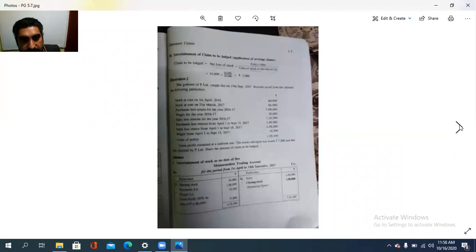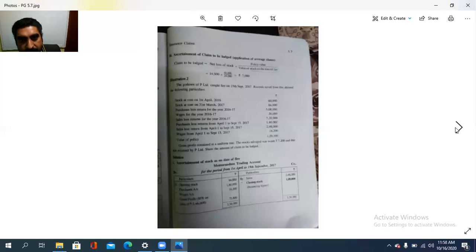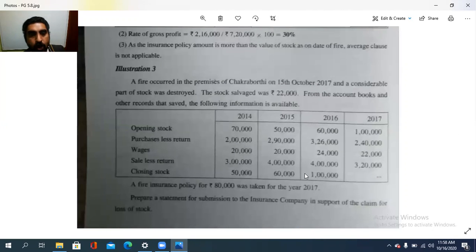We calculated the net loss after adjusting the salvage value, and also the claim to be lodged, that is the application of the average clause. So today also we will see one or two problems, and then we will go to the next portion.